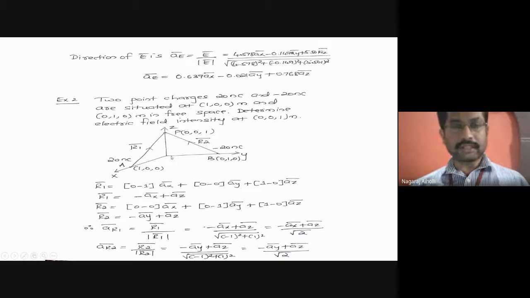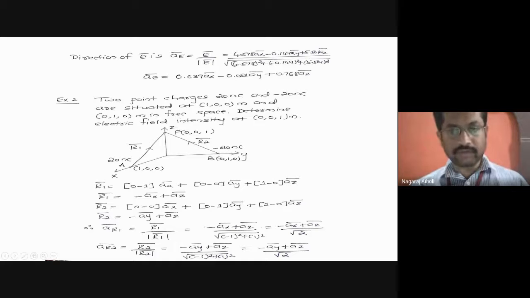What will this equation be? 0 minus 1 is minus 1 AX bar, 0 minus 0 is 0, and 1 minus 0 is 1 AZ bar. So the y coordinate is 0. Similarly, find it for the R2 vector.